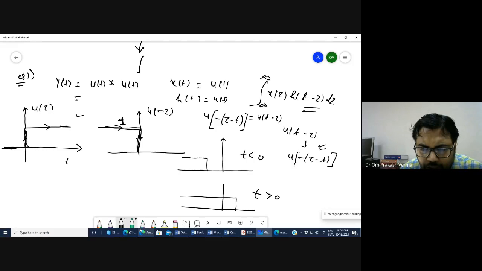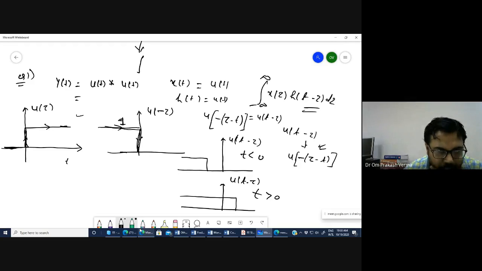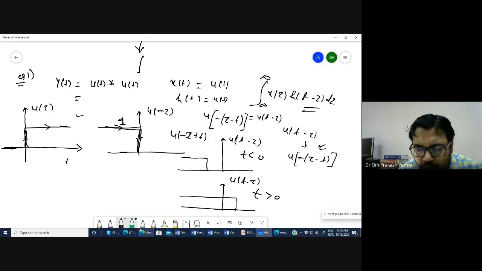It is u(t minus tau), or you can write u(minus tau plus t). If t is greater than 0, it is shifted like this; if it is less than 0, it is shifted like this. Everyone agrees or not?